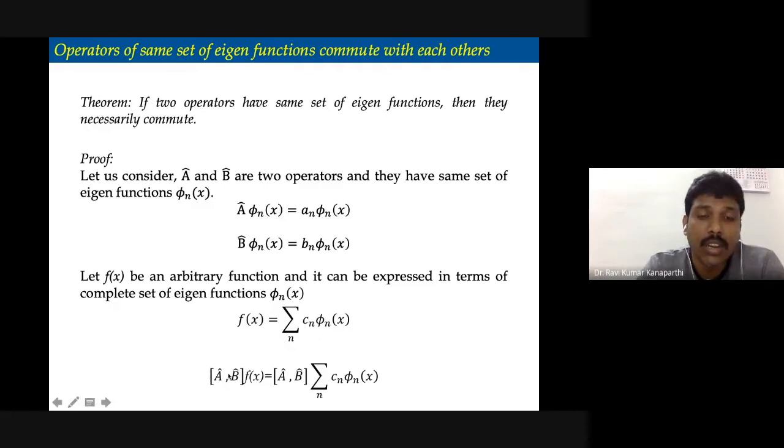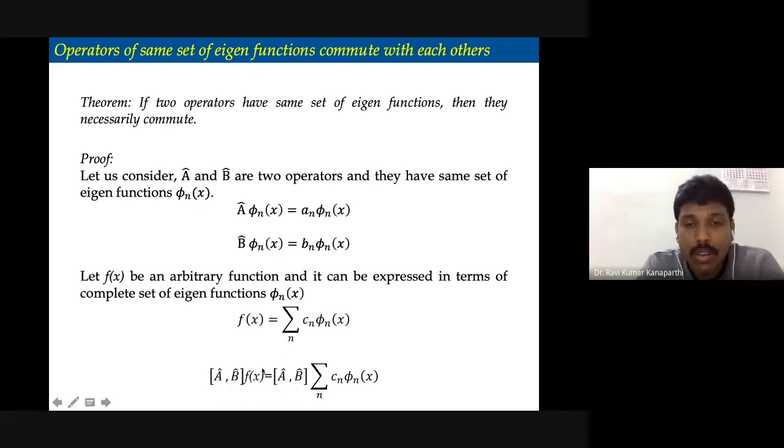So according to the definition of commutation, the square brackets A comma B can be multiplied with the arbitrary wave function. To find the commutator, AB minus BA, we have to make it operate upon the arbitrary wave function.